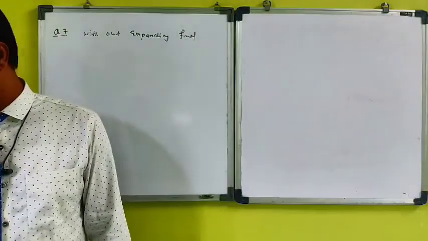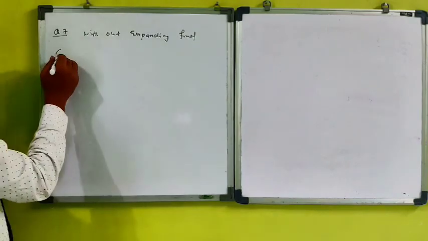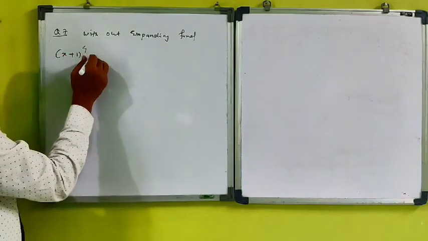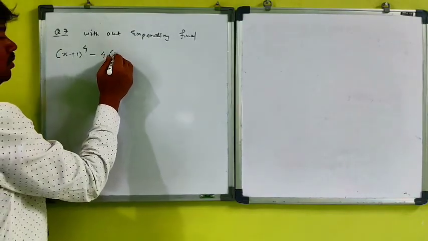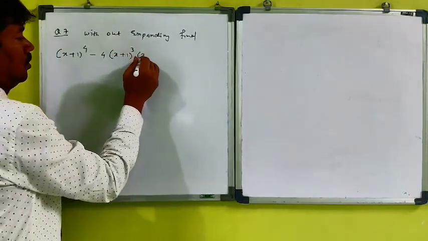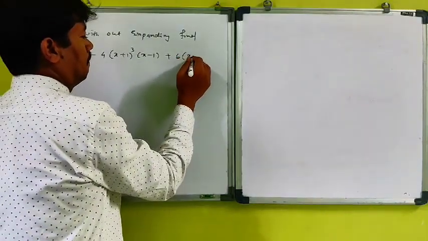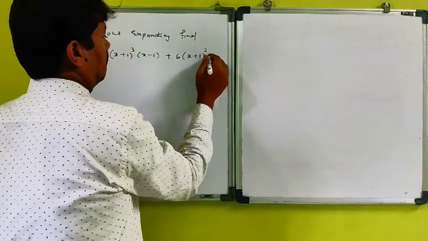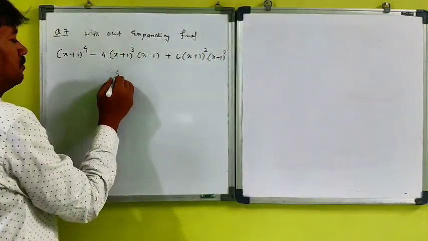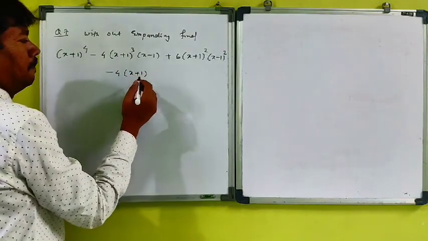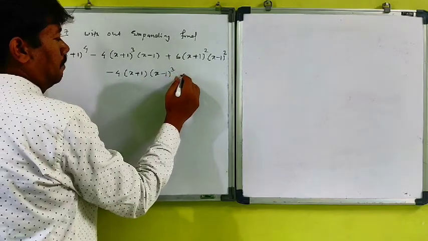So what is the sum here? (x plus 1) raised to 4, minus 4 (x plus 1) cube (x minus 1), plus 6, minus 4, plus.